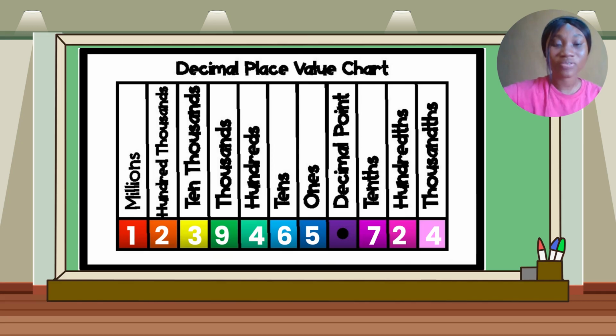So take note, for your whole number part, you multiply. For your decimal number part, you divide. So you say 6 times 10 for whole number part, but for decimal number part, you say 6 over 10. You can say 5 times 1,000 for whole number part, but for decimal number part, you say 5 over 1,000. And that is it about the decimal place value charts.